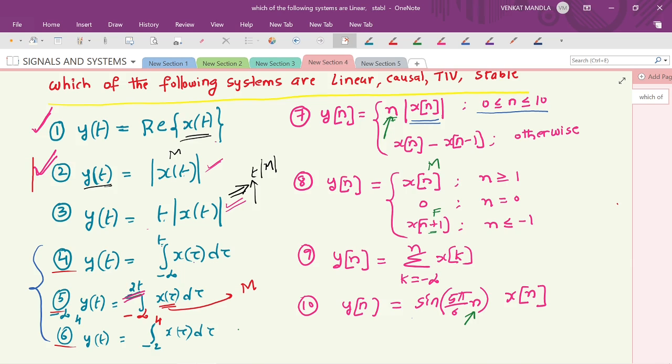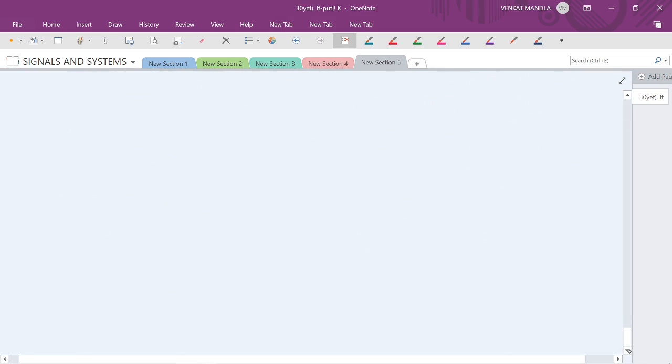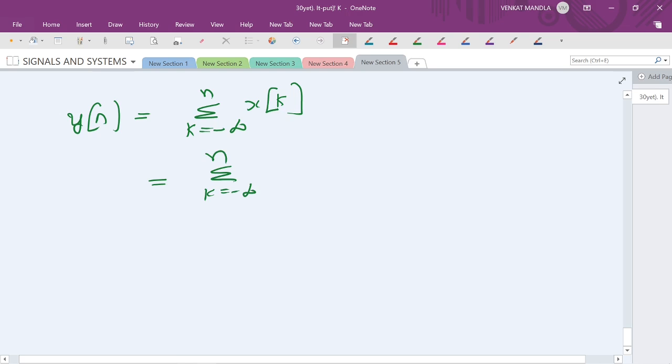Next, the ninth question, y[n] = sum over k from minus infinity to n of x[k]. Let's solve here. For a finite input, in place of x[k], we put some finite value m.